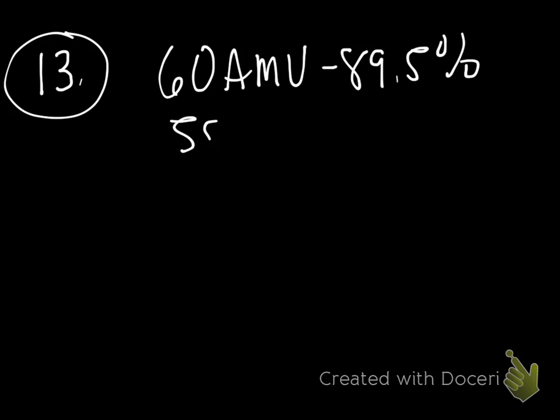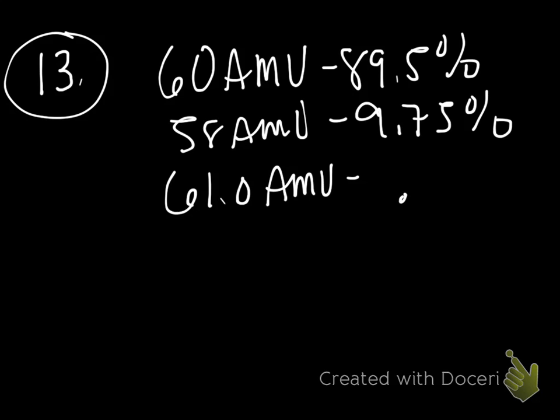So, what is the average atomic mass for an element which exists with the following isotopes? Mass and abundance. 60 AMUs, 58 AMUs, 61 AMUs, 0.75%. Okay, how do we find this? Well, it's really easy.